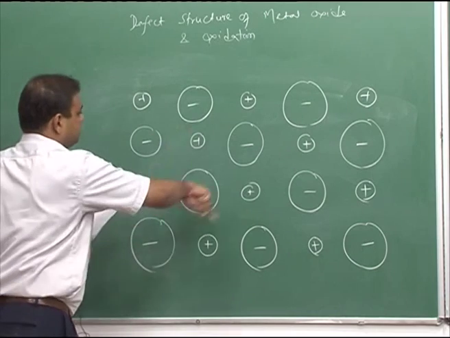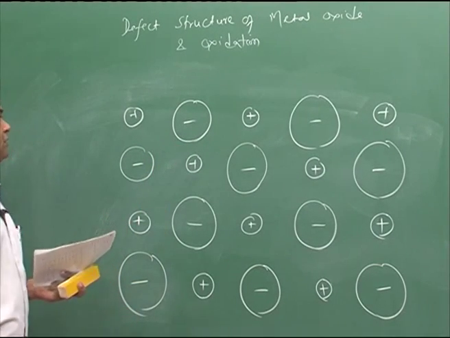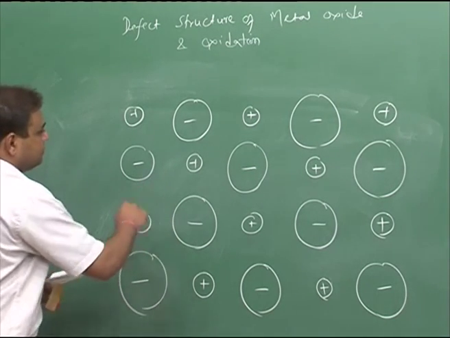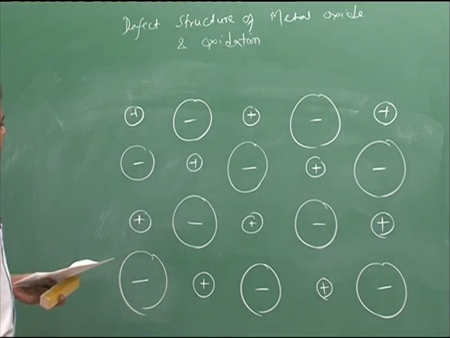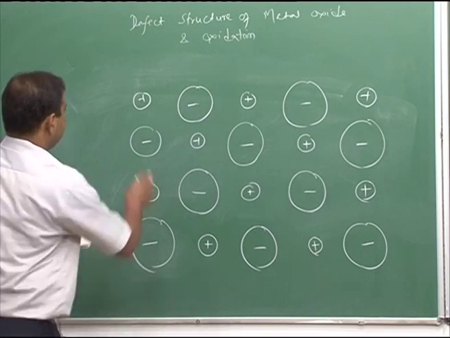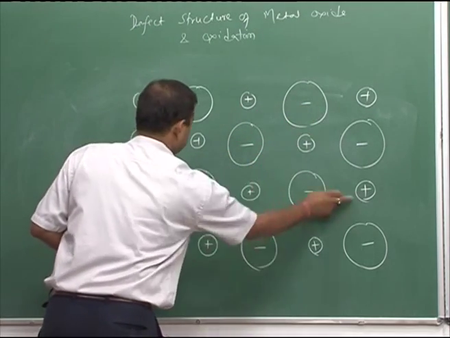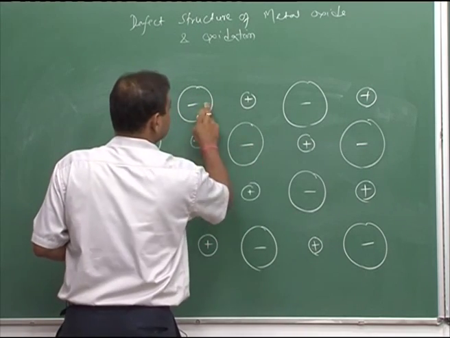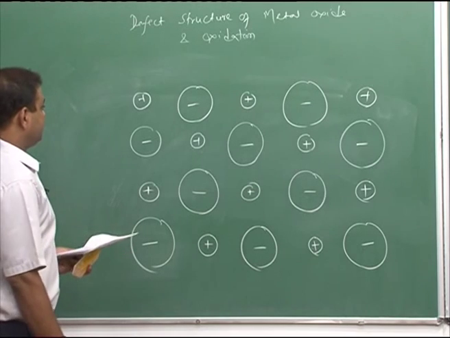So, we see that there is a small part of that particular oxide where we have the same number of cations and the same number of anions. In order to make it the same: 1, 2, 3, 4, 5, 6, 7, 8, 9, 10, and 2, 3, 4, 5. So, 10.